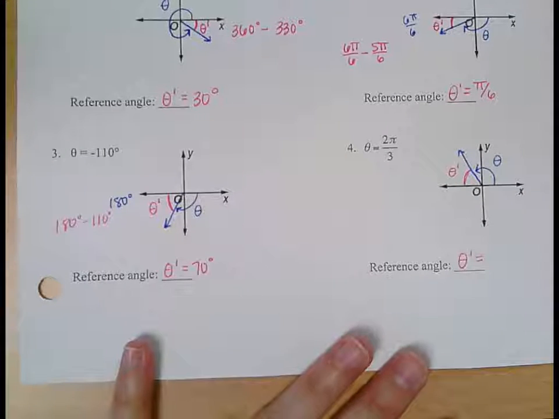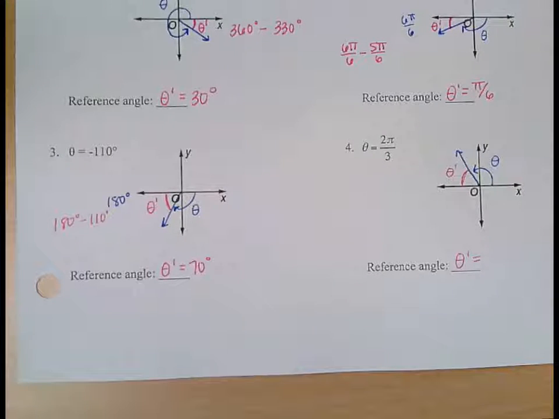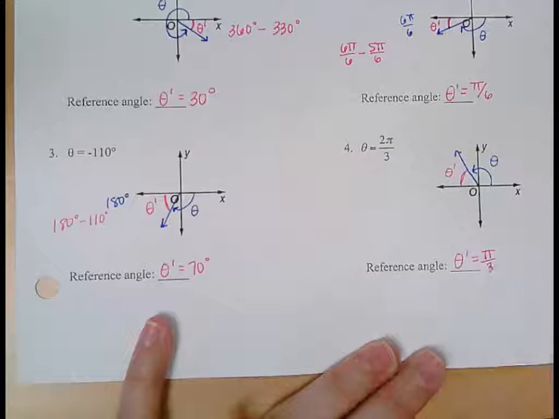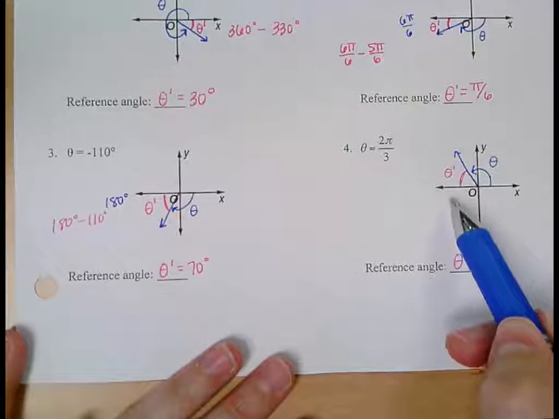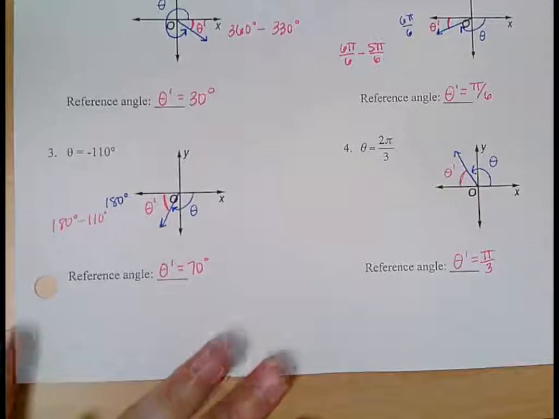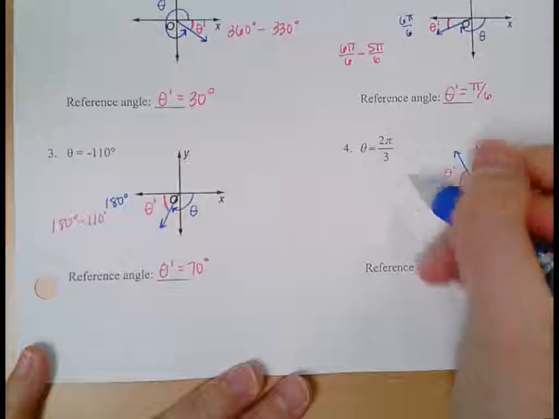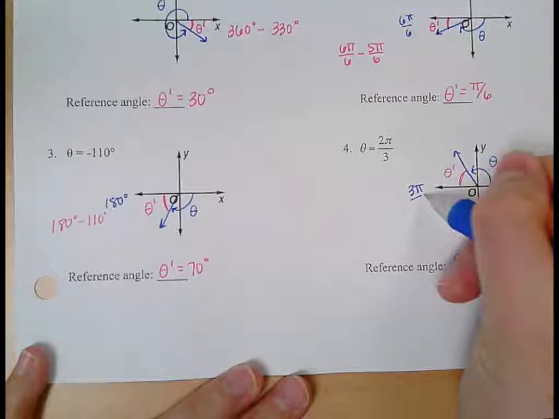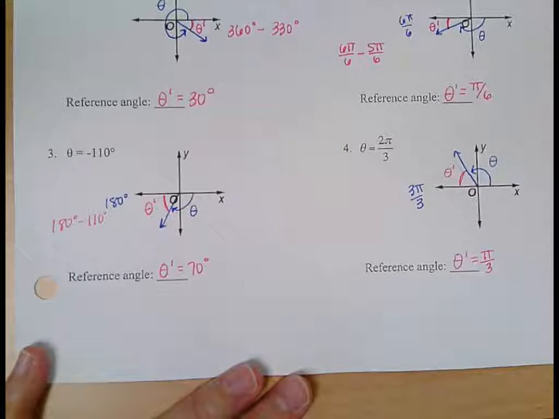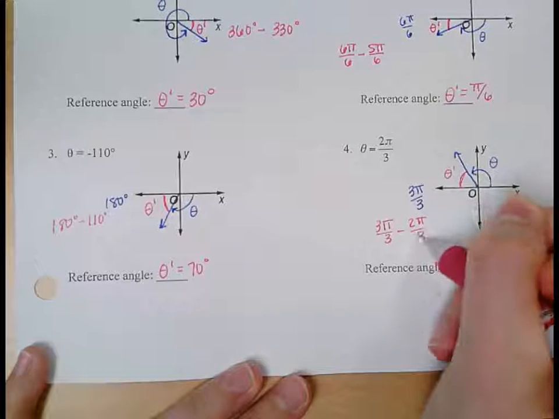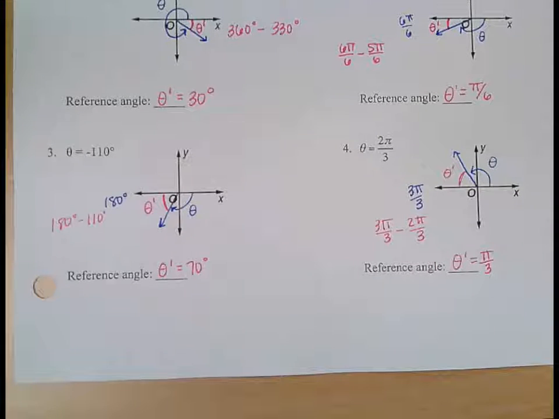And we'll find the measure of theta prime, which would be pi over 3, yes. So here the rule for quadrant 2 would work with our positive angle. If halfway around is pi in thirds, that would be 3 pi thirds. And so if you subtract 3 pi thirds minus 2 pi thirds, that would give you 1 pi thirds, or just pi thirds.